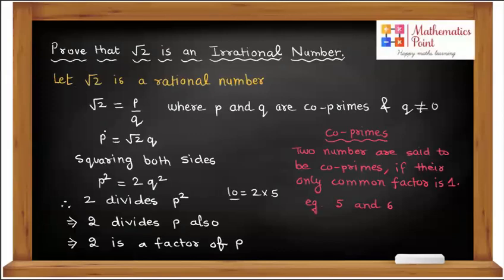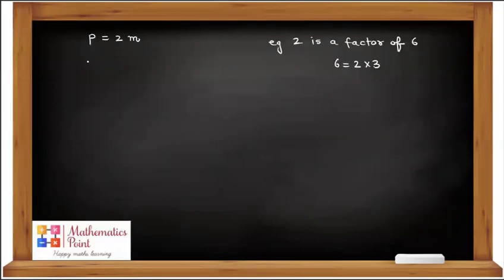Now, I will put this value of P in this equation. P square is equal to 2Q square, right? So I will be getting P square means 2M whole square is equal to 2Q square.